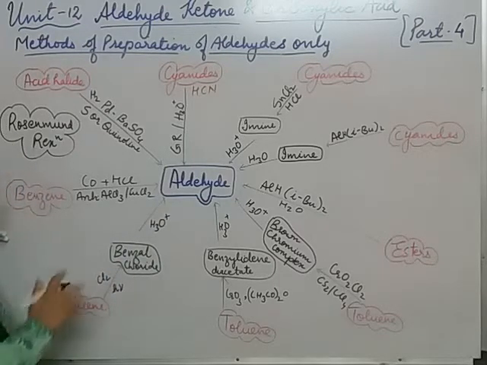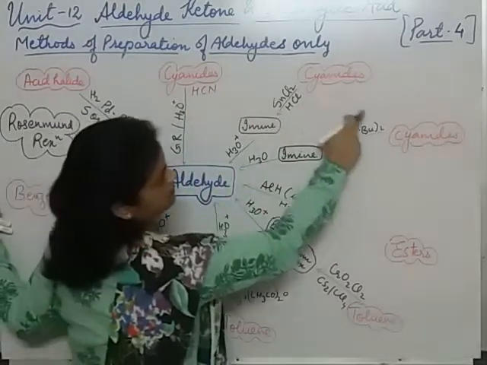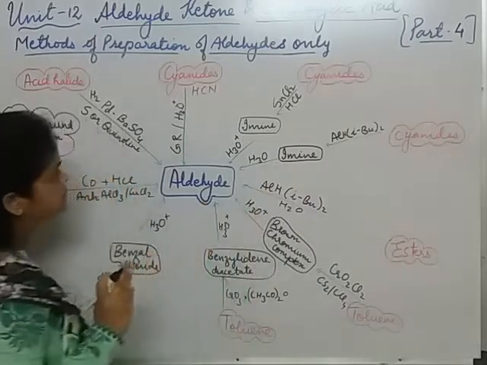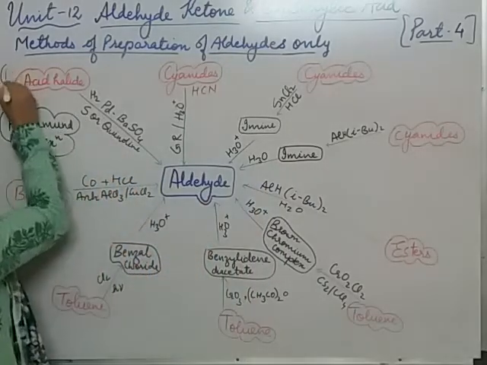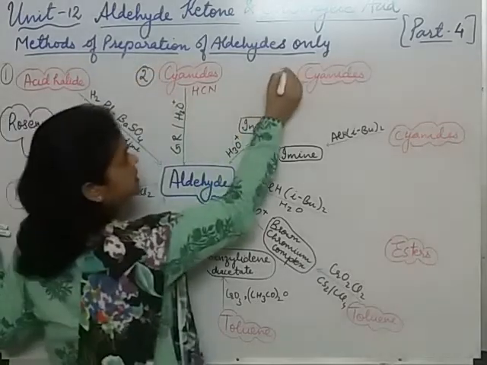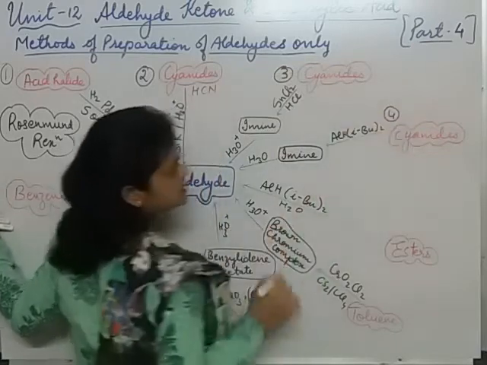Now, there are three methods by which cyanides can be converted into aldehydes. One by one we will see all the three. So the first one was acid halide. Second, it is by cyanide. Third, again by cyanide. Fourth, again by cyanide.